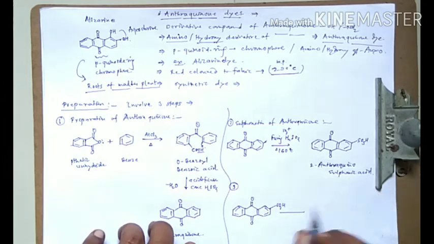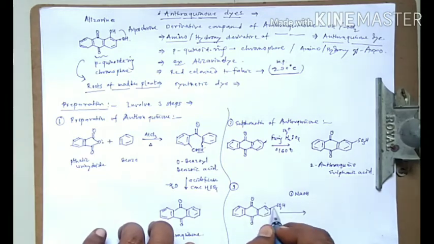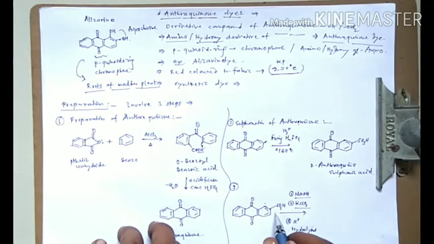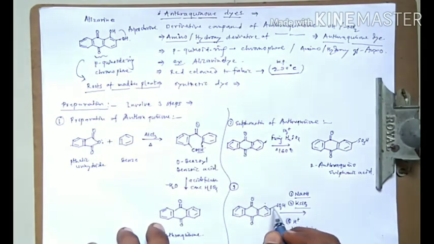This is 2-anthraquinone sulfonic acid. We take a base like NaOH, where nucleophilic OH can attack at this position as well as this position, in presence of KClO3, and then followed by hydrolysis. There is introduction of OH group at the positions 1 and 2.